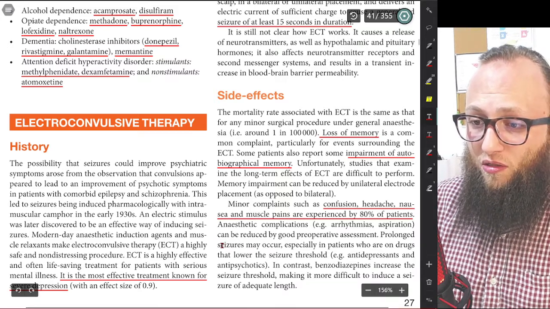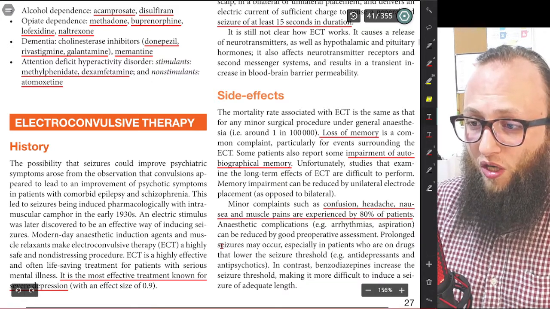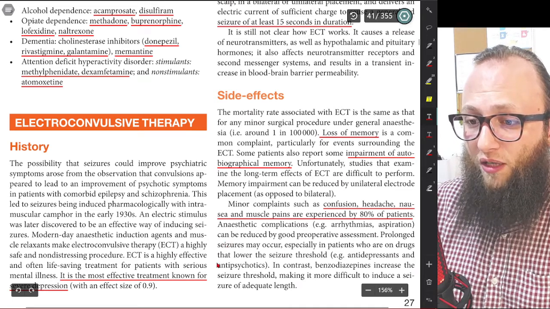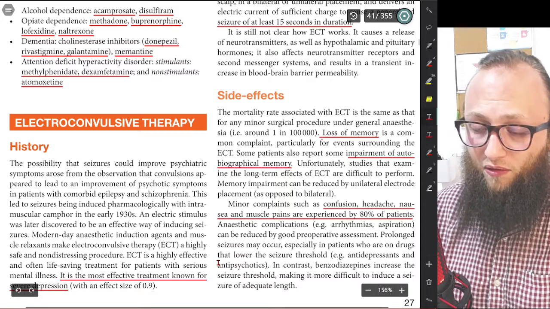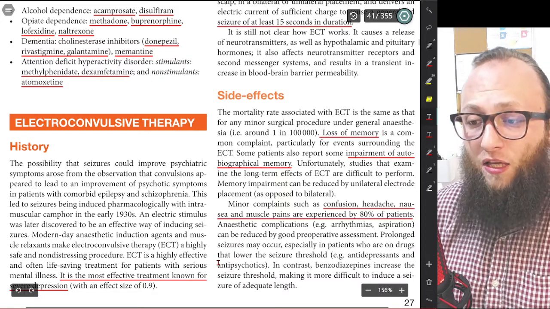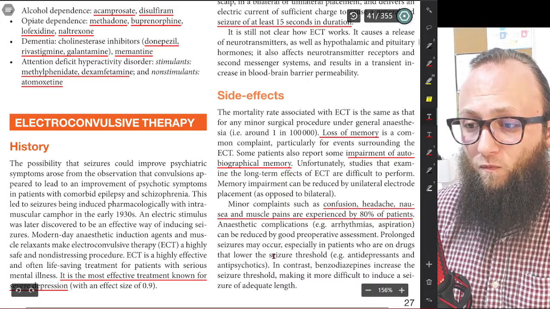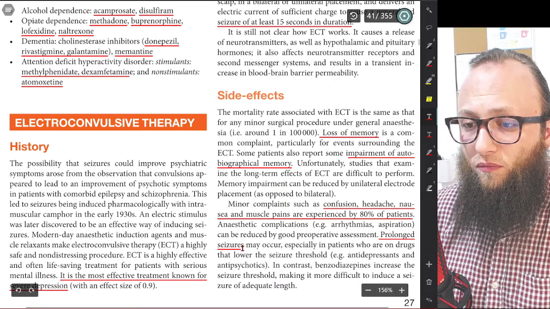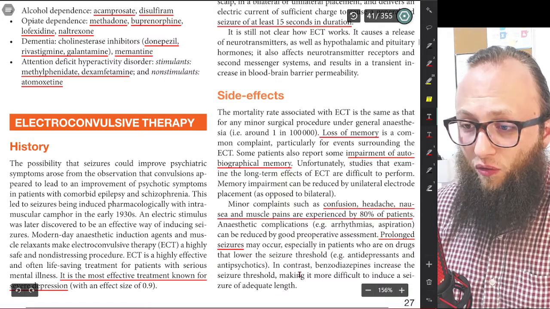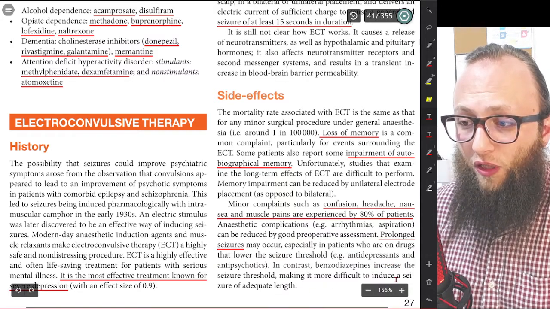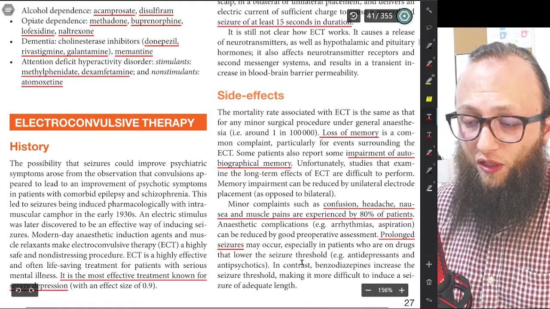Prolonged seizures may occur, especially in patients who are on drugs that lower the seizure threshold like antidepressants and antipsychotics. In contrast, benzodiazepines increase the seizure threshold, making it more difficult to induce a seizure of adequate length.